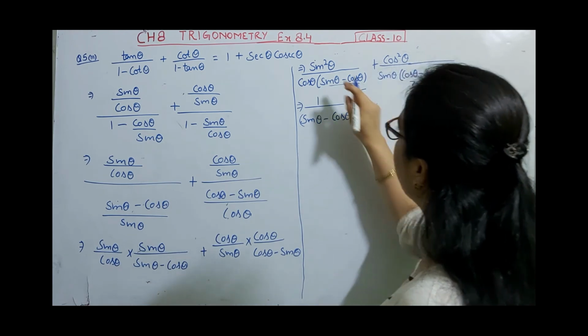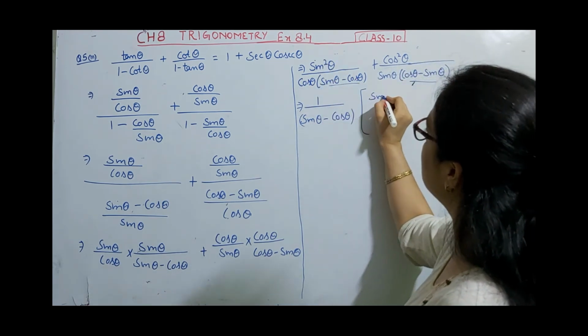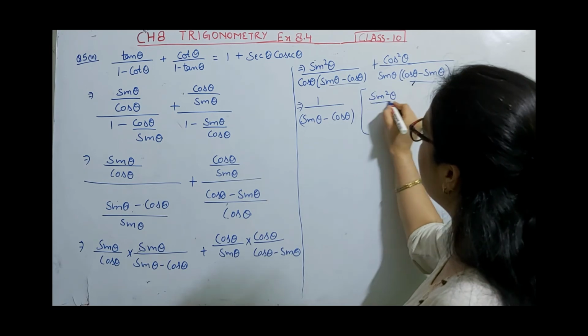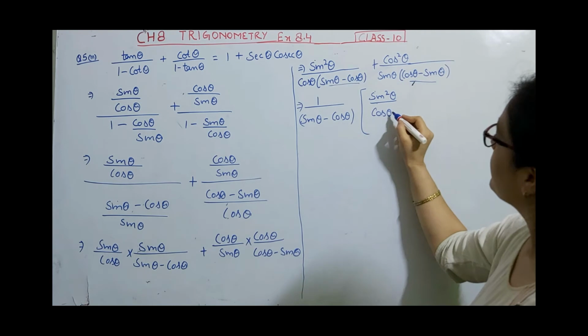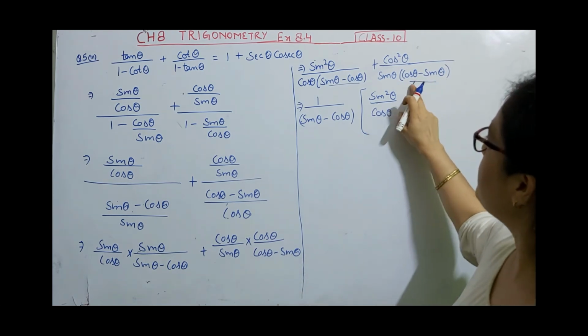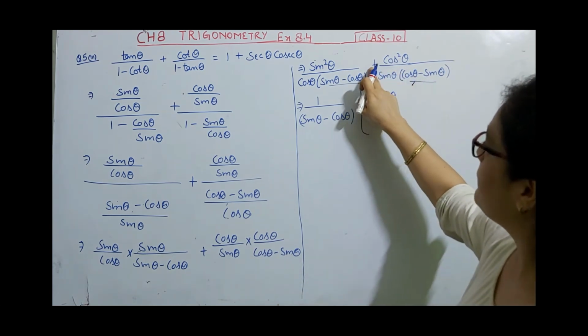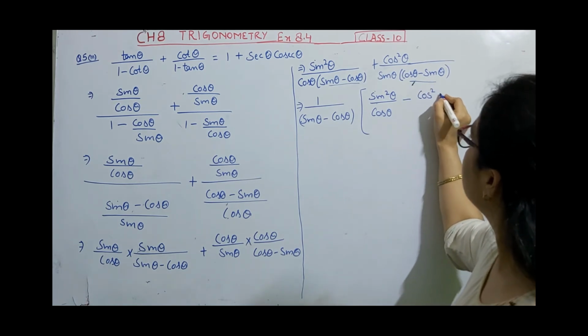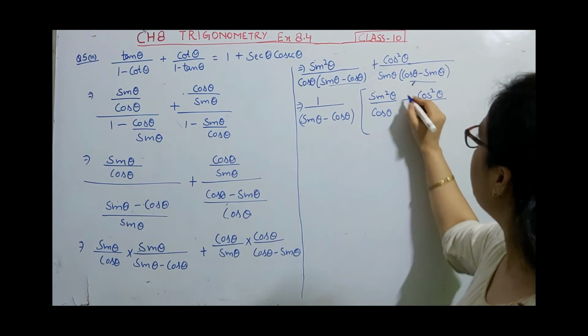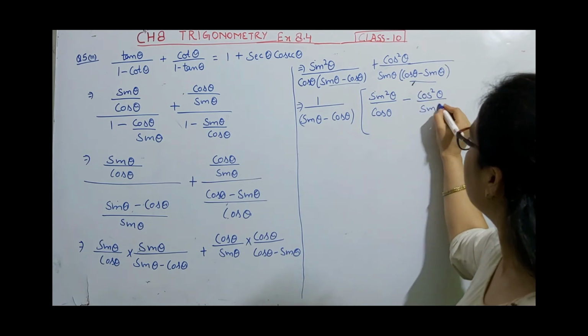Here we are left with sin square theta divided by cos theta. Now we take this as sin minus cos, so it becomes negative, divided by what we left, sin theta.